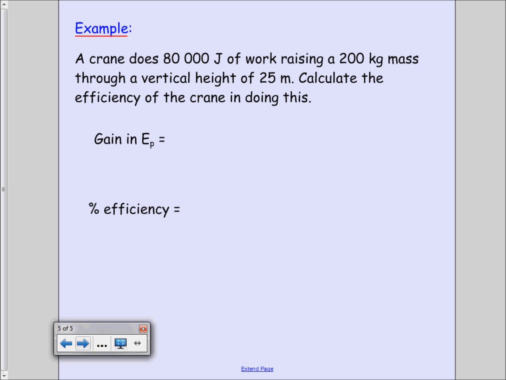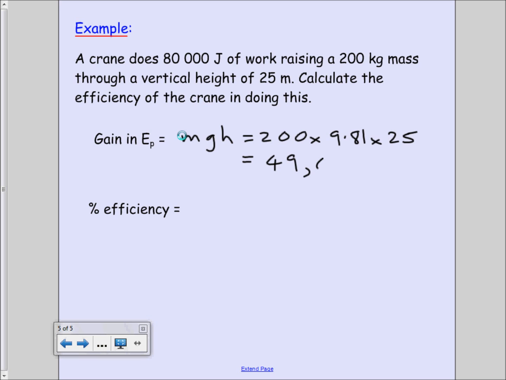So let's first of all figure out the work, not the work done, the gain in gravitational potential energy, because that's going to be less than the amount of work that is done. So we've got 200 kg times 9.81 for G times 25 meters. And so the gain in potential energy is 49,050, which is less than our 80,000 joules.